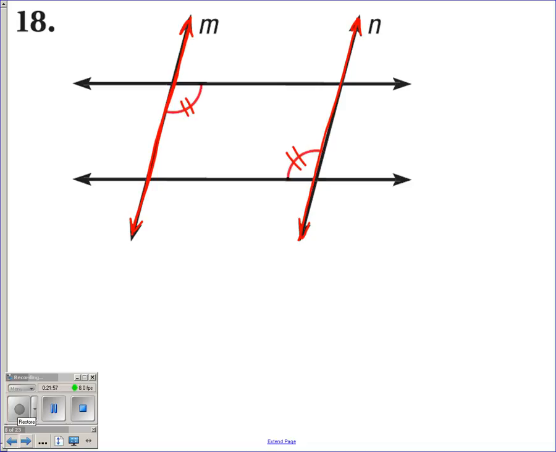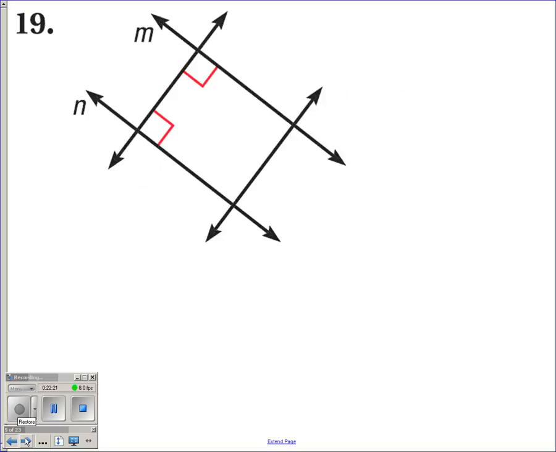And all of these angle pair types that we've looked at have to be on one single transversal. We've got two different ones. We've got this bottom one that I'm marking in green, and this top one that I'm marking in blue. So that's not enough information to say that M is parallel to N.